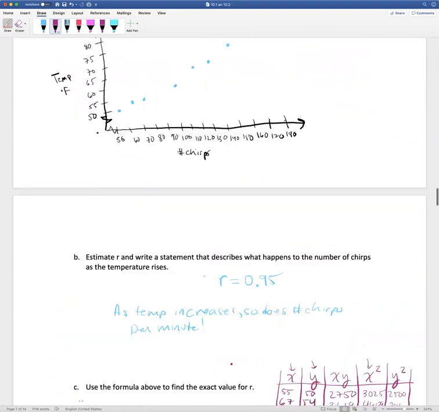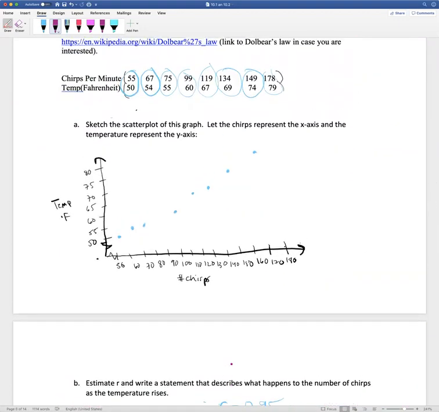So if a cricket chirps 140 times per minute, assuming that we are using this data, let's come up with a good approximation for what the temperature would look like. Here's 140, looks like this point's on the line. And if we go across here, it looks like the temperature would be right around 74 degrees.